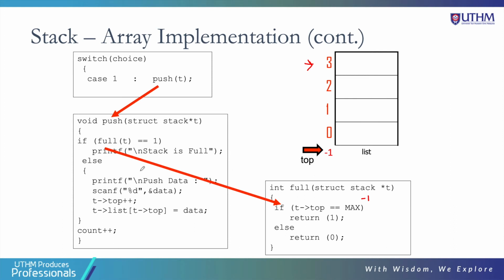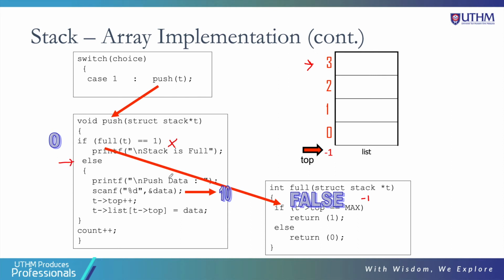So what it will return is 0. This condition is false, so it will return the else part, which is 0. Then because this condition is not met, it will go to the else part.